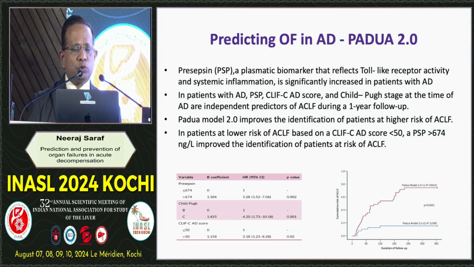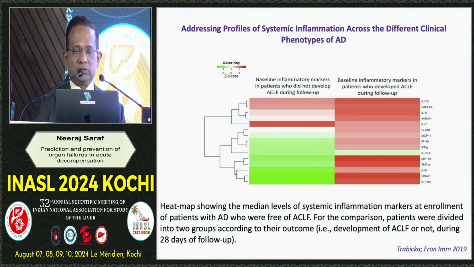So basically they've used presepsin, which is a plasmatic biomarker that reflects toll-like receptor activity, and combined it with the CLIF-AD score, the Child score, and so if you have a CLIF-AD score of less than 50, a PSP of more than 674, this improved the identification of patients at risk for ACLF. So basically what they've tried to do is add a biomarker to the existing clinical models.